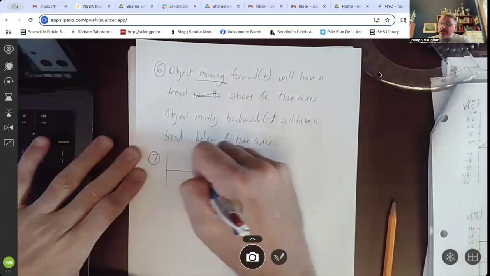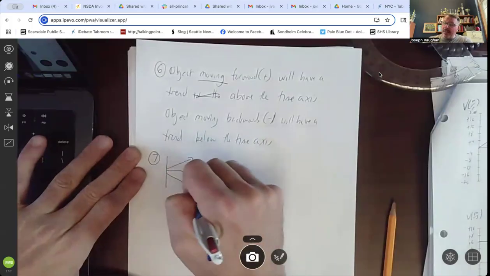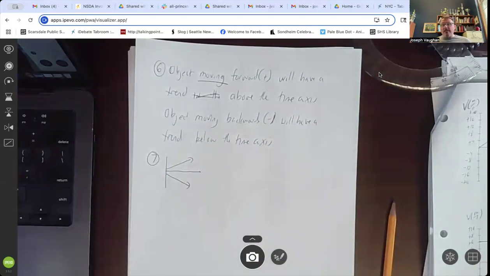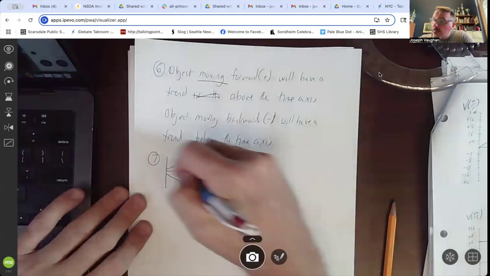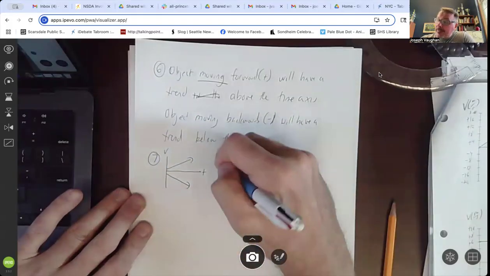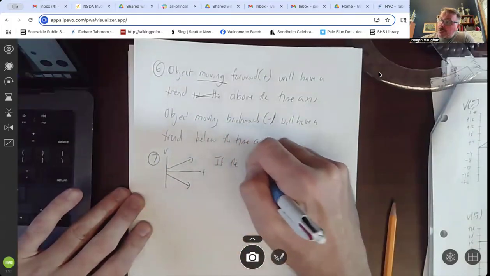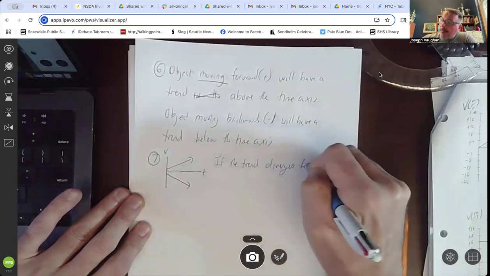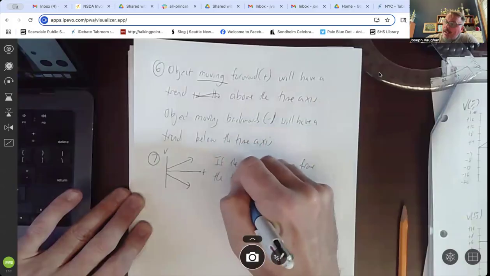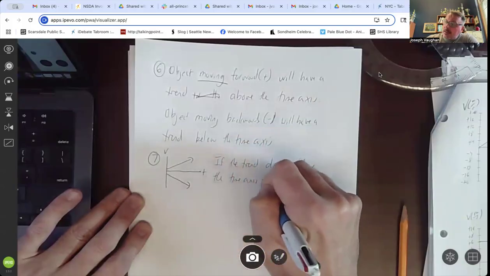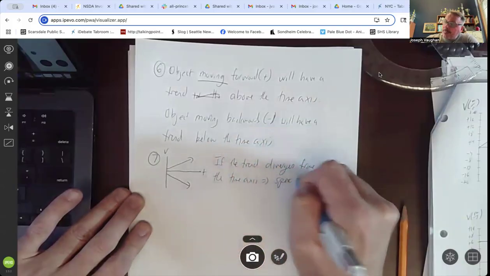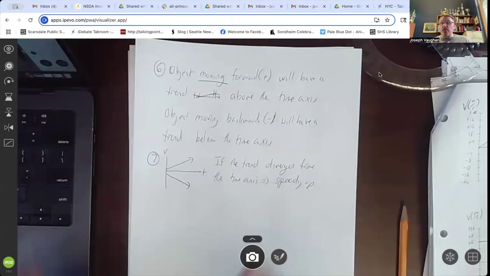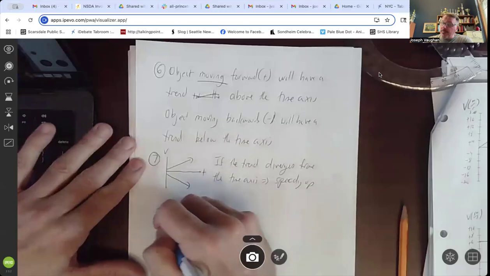If the trend diverges from the time axis, that means speeding up, because then the trend is moving towards larger negative or larger positive numbers.